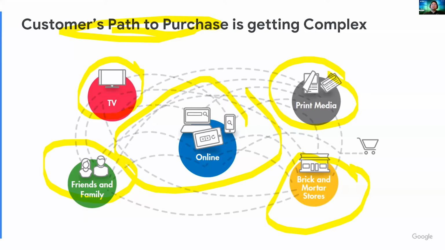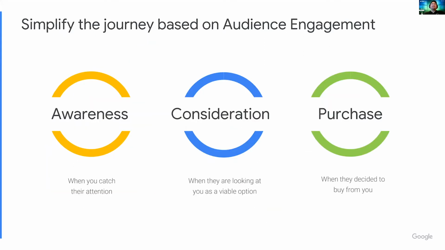But if, let's say, you were to simplify this, at the end of the day, it really boils down to 3 main steps. Number one, there is always a point when the customer first realizes that you are present. Secondly, there's a point of consideration, meaning that when someone actually faces a problem, they are looking for options.